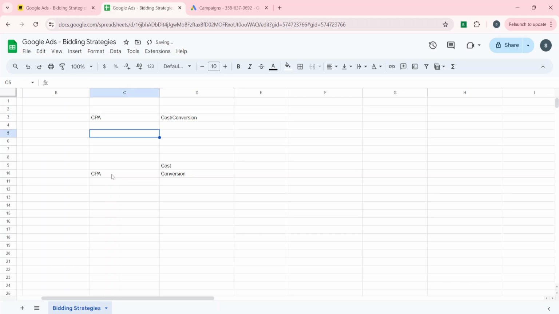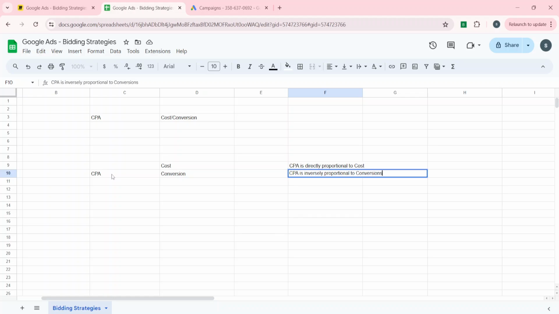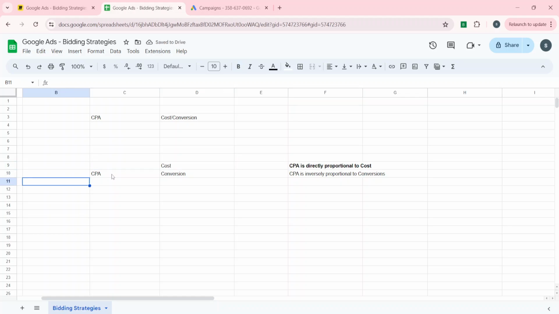Mathematically, if you observe, CPA is directly proportional to cost, and CPA is inversely proportional to conversions. Here we are not concerned about conversions, we are concerned about this: CPA is directly proportional to cost.